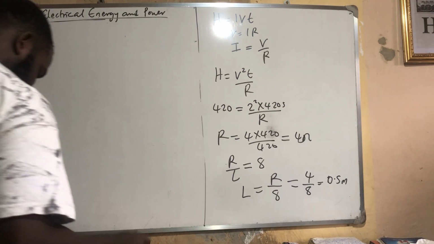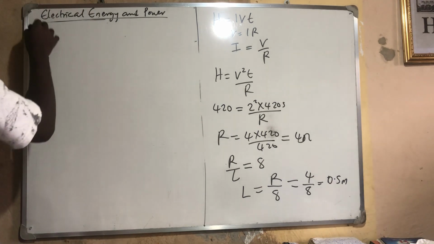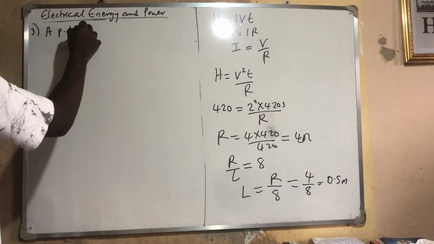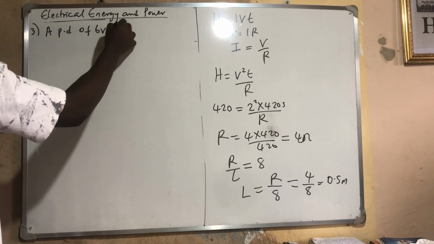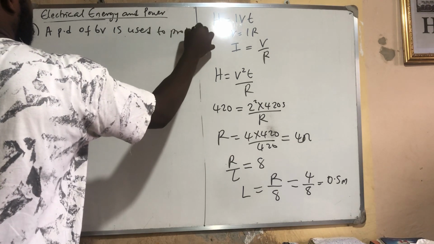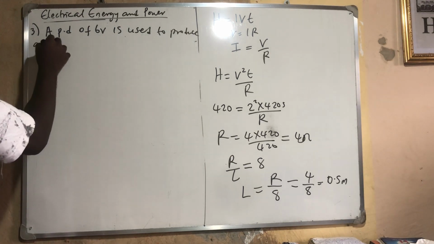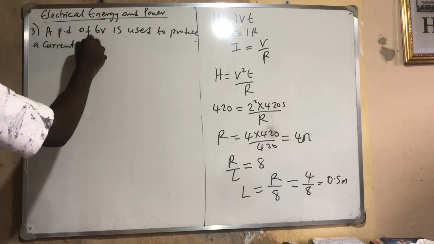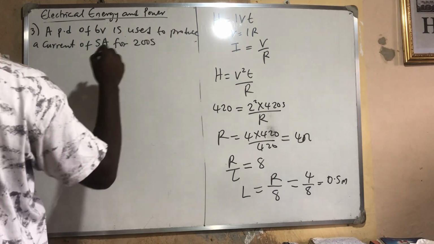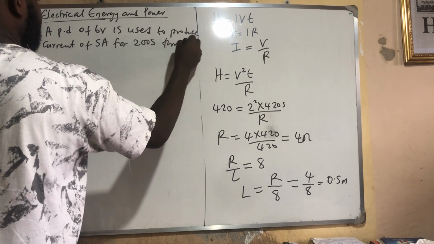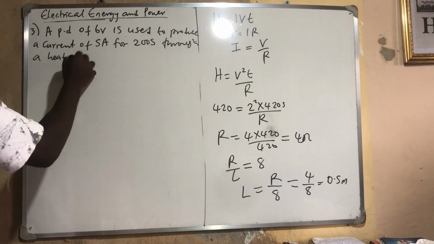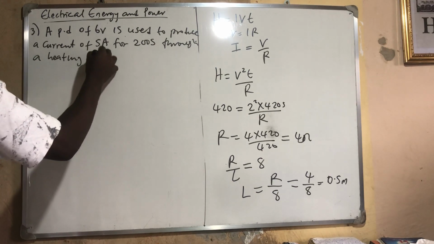So the next question, question number 3, said a potential difference of 6 volts is used to produce a current of 5 ampere for 200 seconds through a heating coil.